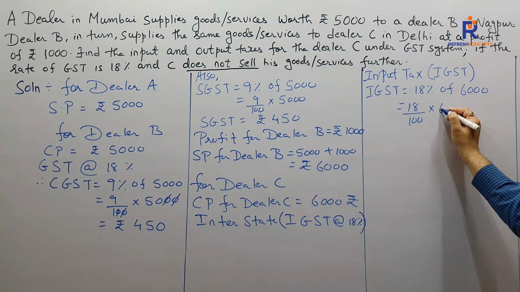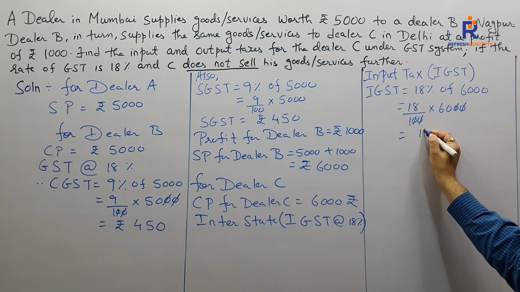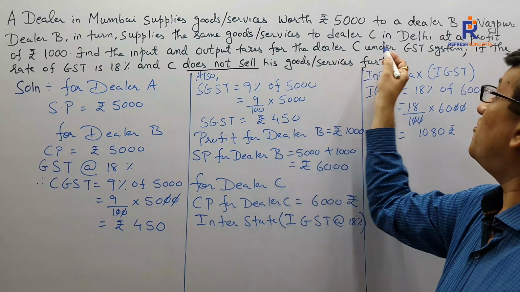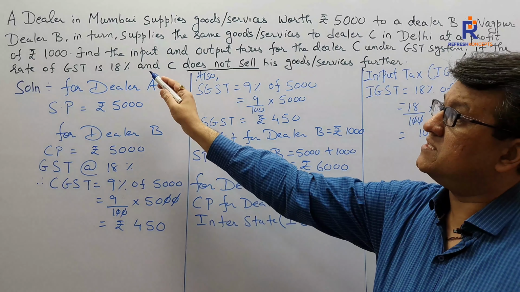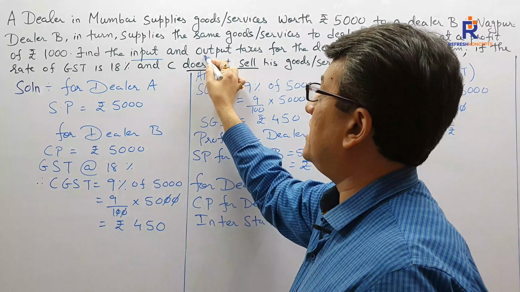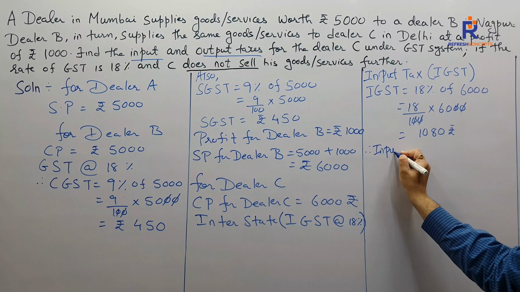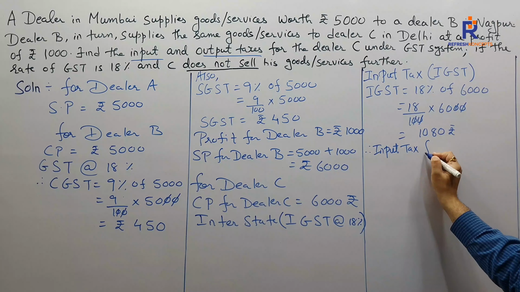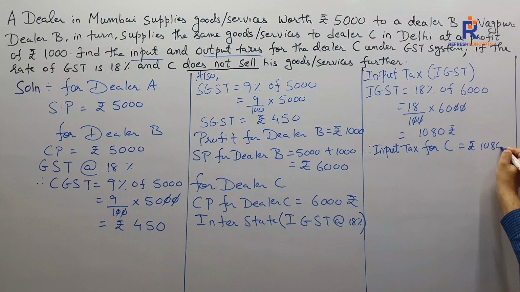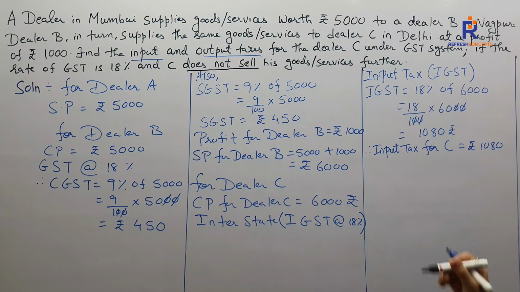So 18 sixes are 1080 rupees. We have calculated just now input and output taxes. So let us write down first of all. Therefore, input tax for dealer C is rupees 1080. So this is our first answer.